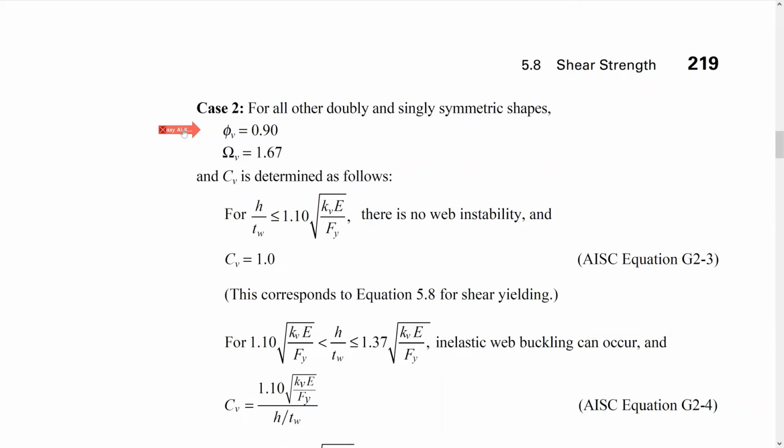And if lambda, the width to thickness ratio of the web, is greater than 1.1 times the square root of k sub v E over Fy, and less than or equal to 1.37 times the square root of k sub v E divided by Fy, we do have inelastic web buckling here, and C sub V can be calculated using this equation.